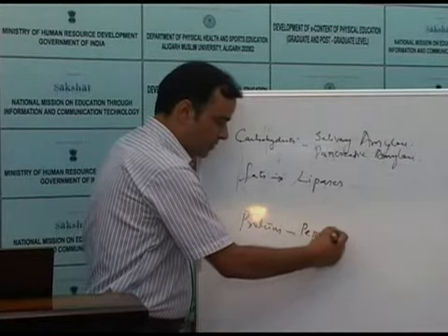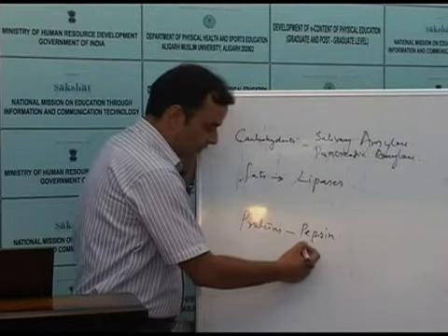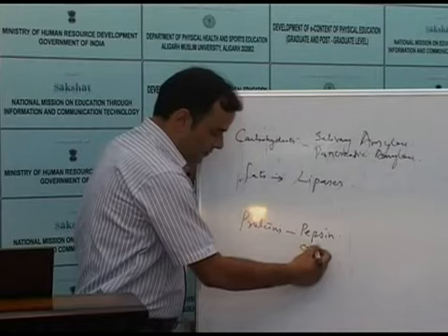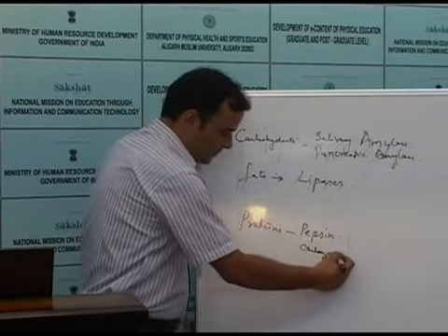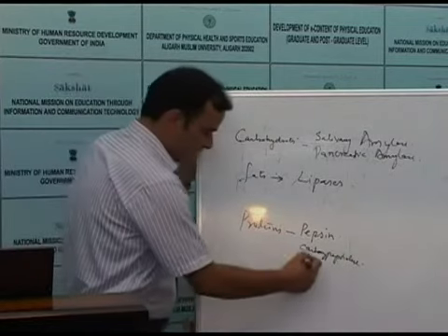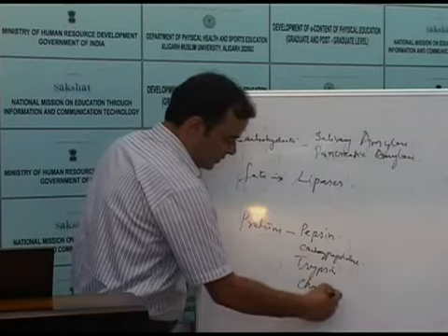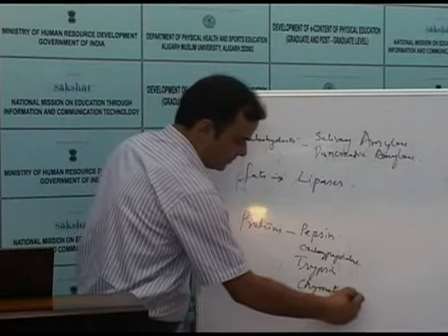pepsin in stomach and several other enzymes from the pancreas like carboxypeptidase, trypsin, and chymotrypsin.